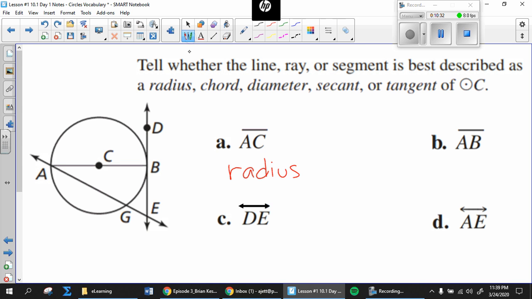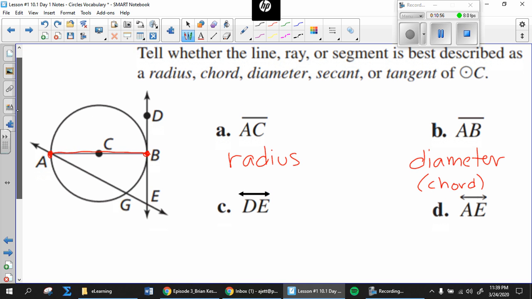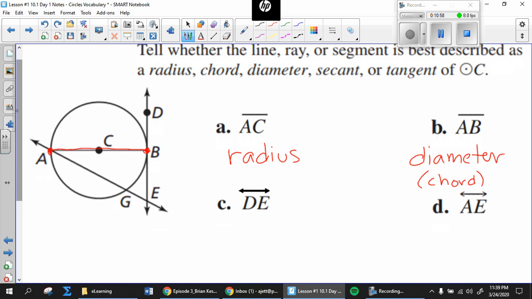Next one, segment AB. This segment has endpoints at A and B. Now we could call this a chord, but to be more specific, since it goes through the center, it is the diameter. Yes, it is a chord, but that's not the most specific answer. The most specific answer is the diameter.